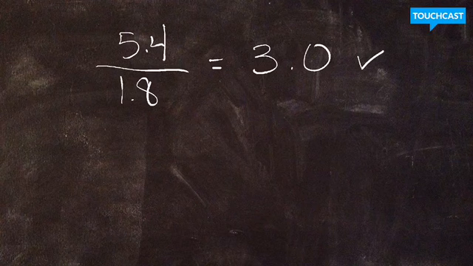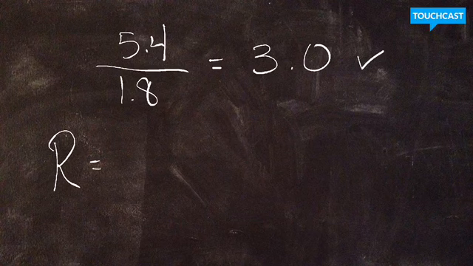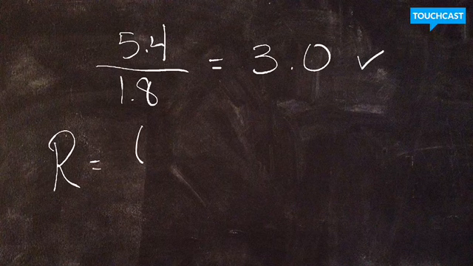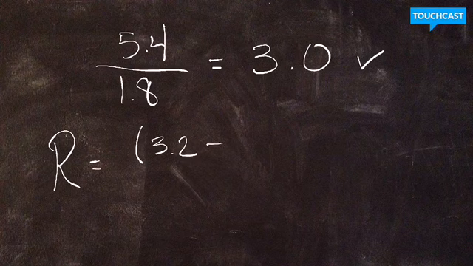All right, so let me just show you how to do this. So again, this is resolution. They symbolize it as R. On the numerator, let's take the center of the bands that you calculated in part B. The blue had a value of 3.2. The red had a value of 1.4. Those are milliliters.